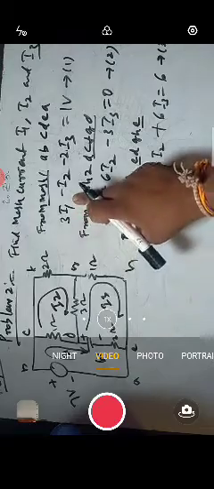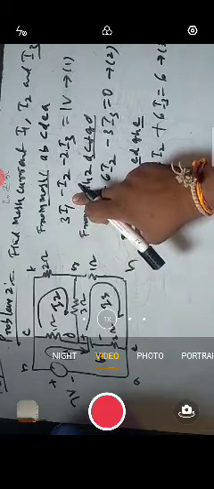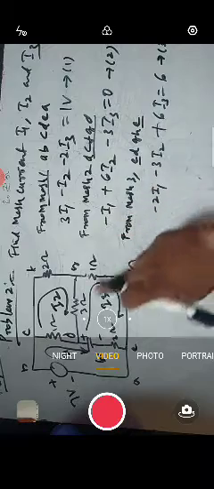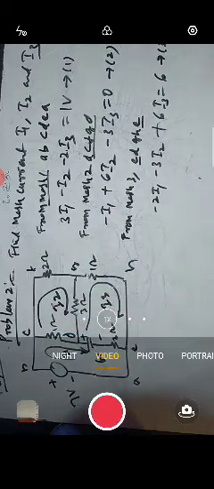For mesh 1, 1 plus 2, totally 3 I1. I1 is positive because mesh 1 I have taken positive. 1 ohm here is minus I2, and 2 is minus 2 I3, and this is equation 1. Similarly for mesh 2 and mesh 3.